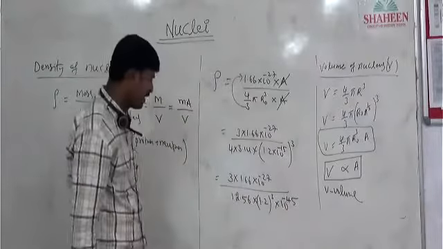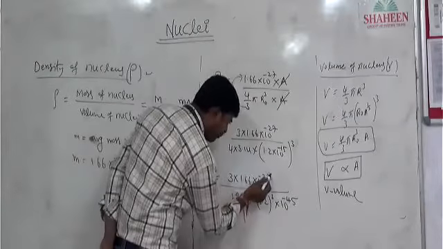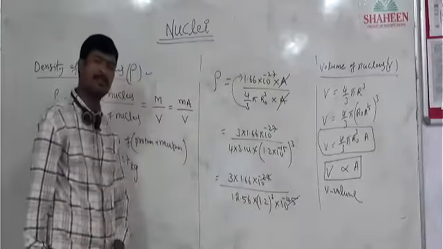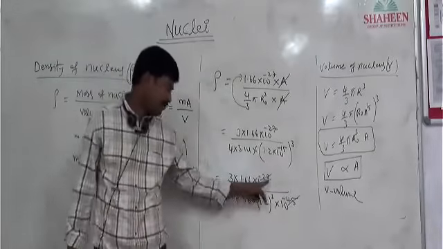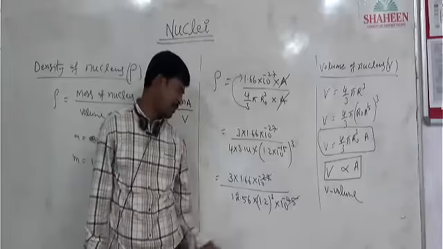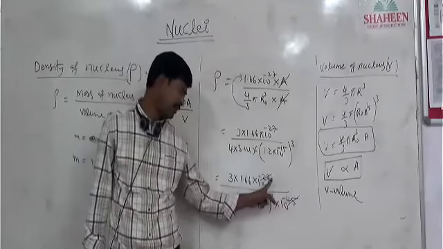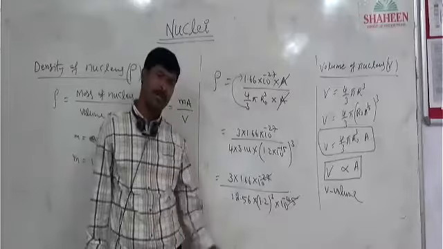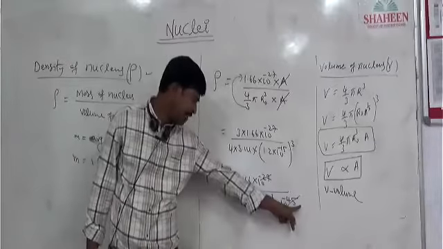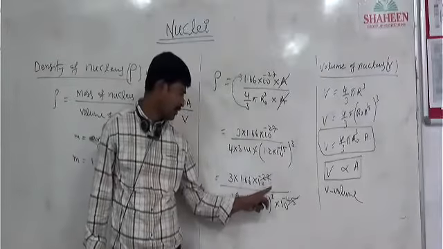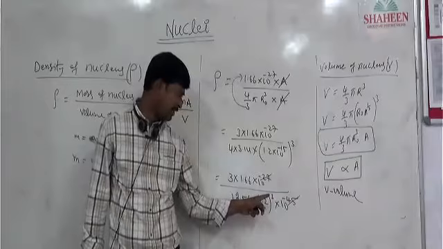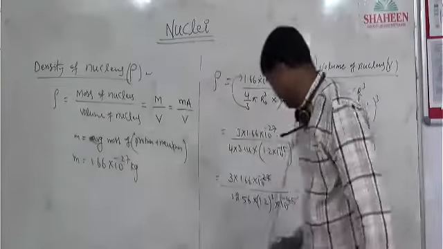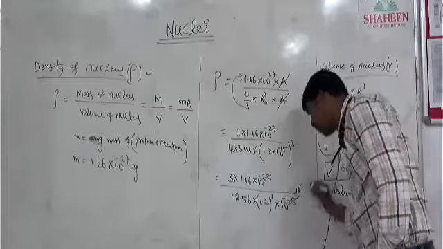Clear? Now look here: minus 27 minus 45, how much is left? Minus 27 minus 45 gives 10 to the power of minus 18? Yes, 10 to the power of minus 18, because the difference of 45 and 27 is 18. So minus 18 is left here.